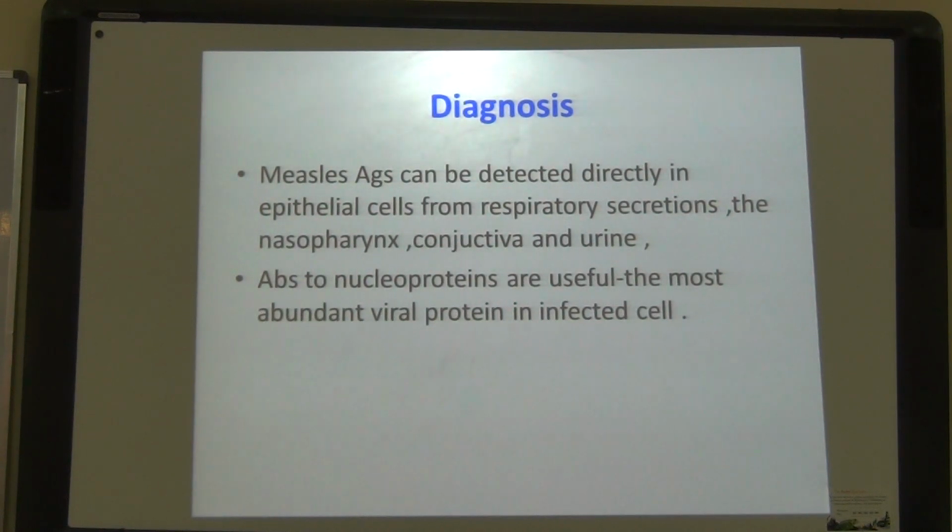Measles antigens can be detected directly in epithelial cells from respiratory secretions, the nasopharynx, conjunctiva, and urine. Antibodies to nucleoproteins are useful, as they are the most abundant viral proteins in infected cells.